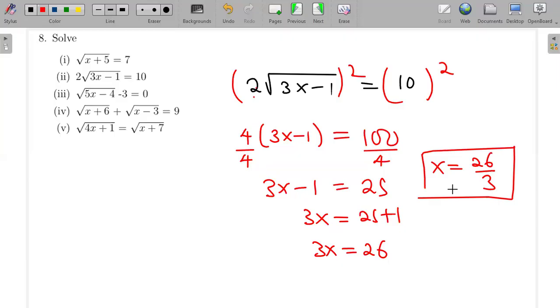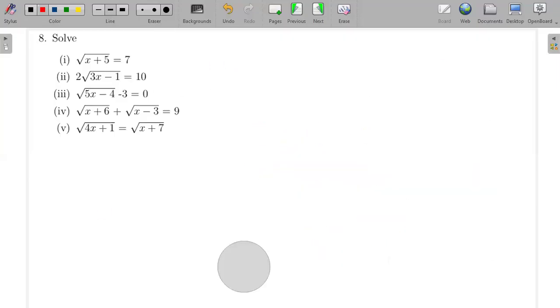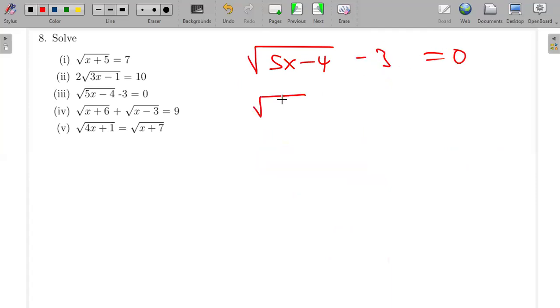We now look at the third one. This was the second one, so the third one is simple. We just have the root of 5x minus 4, and then minus 3 is equal to 0. So I take the 3 to the other side. It will be the root of 5x minus 4 is equal to 3.